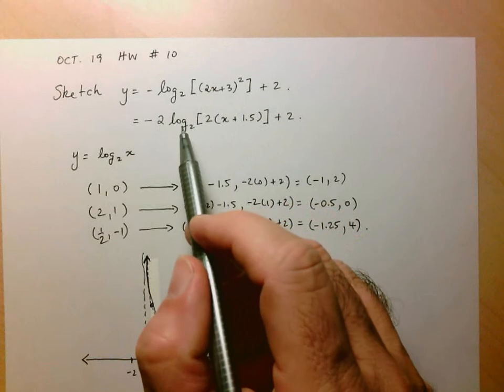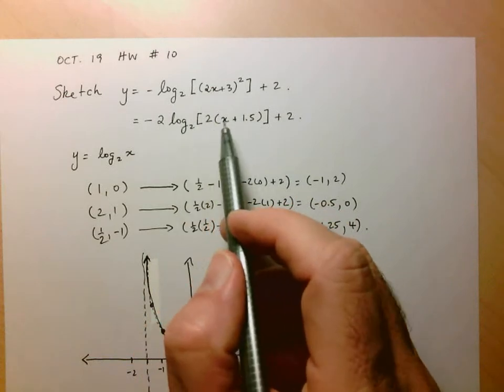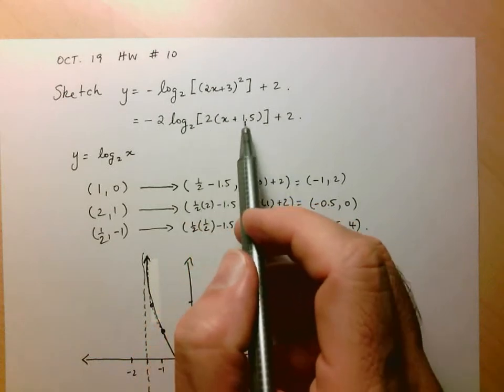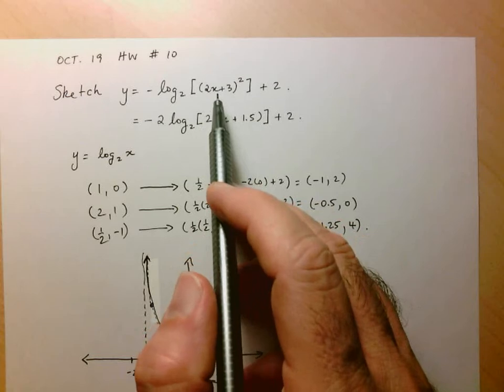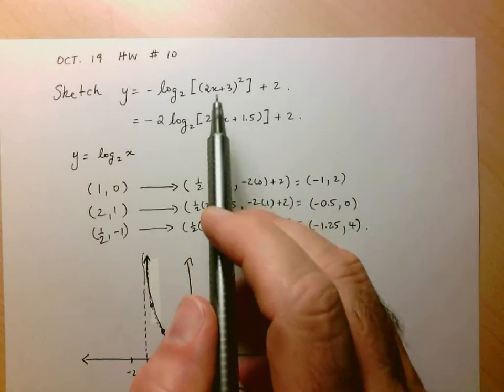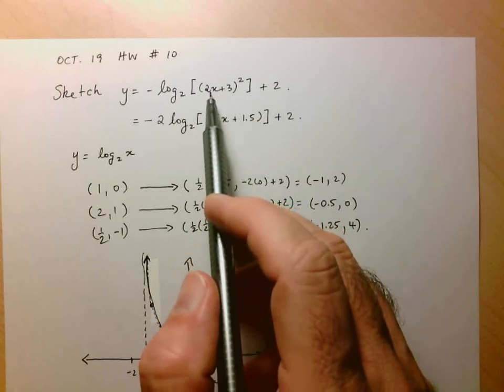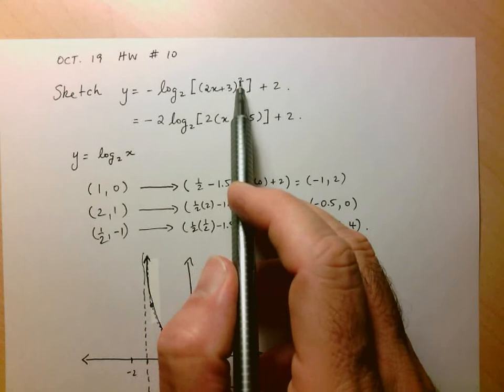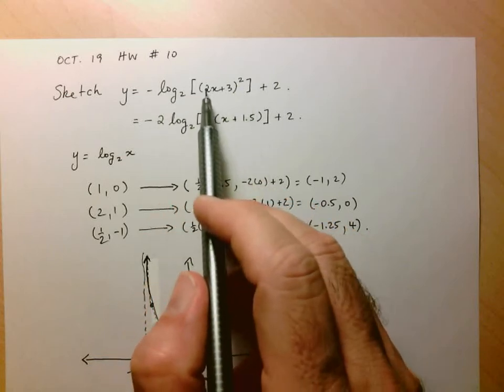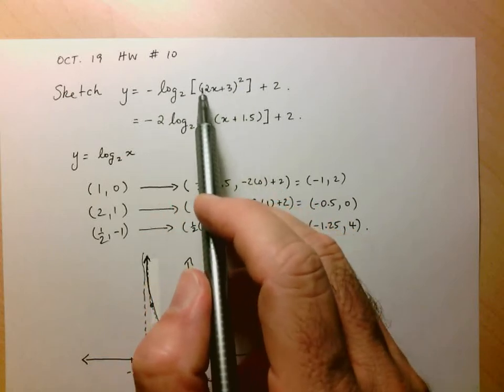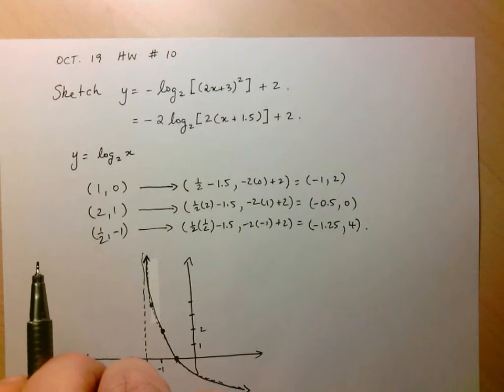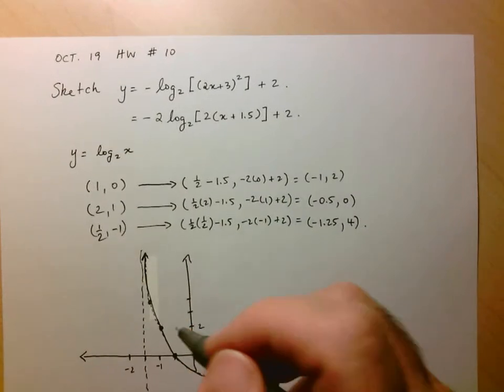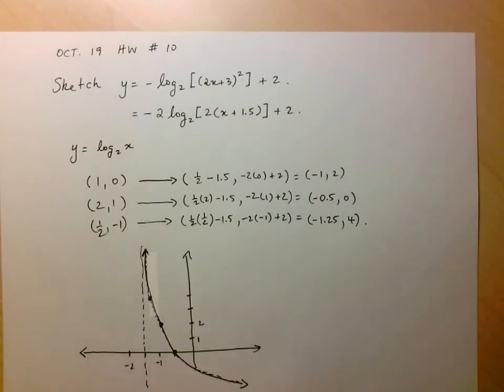This input to the logarithm has to be greater than 0. But let's take a look at the original equation. The original equation has the 2x plus 3 squared, meaning the original equation will allow 2x plus 3 to be negative. And so there's going to be more to this graph here.